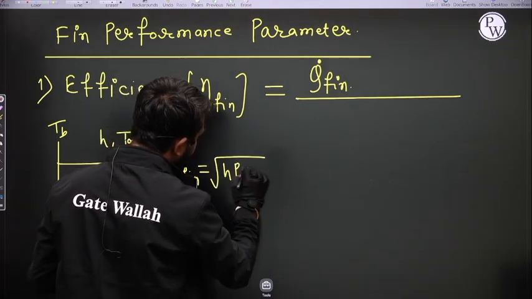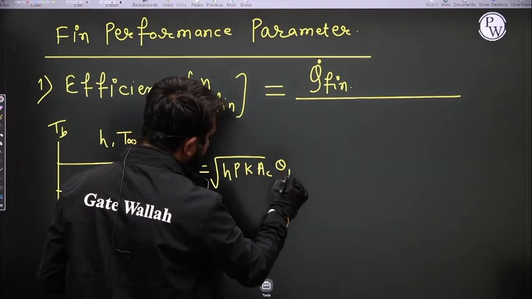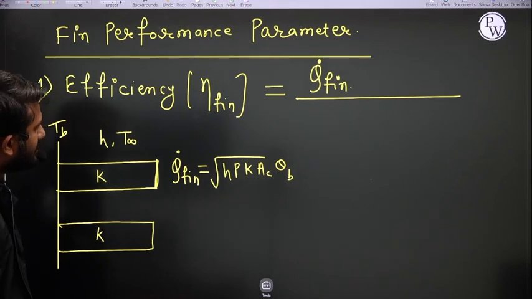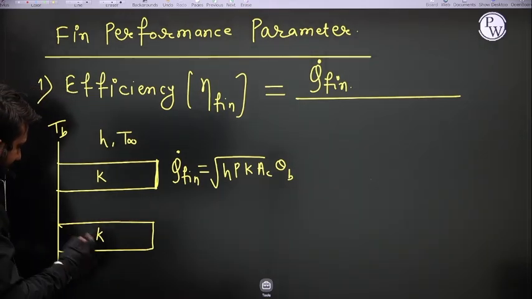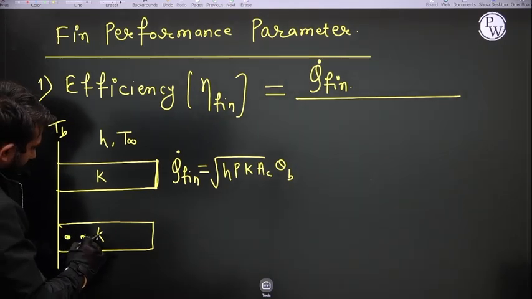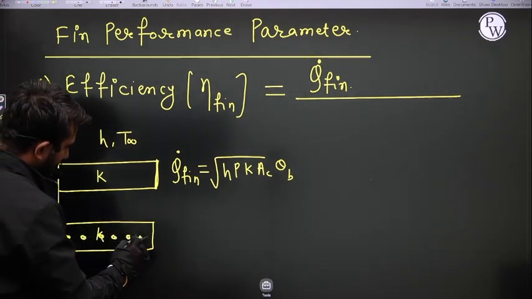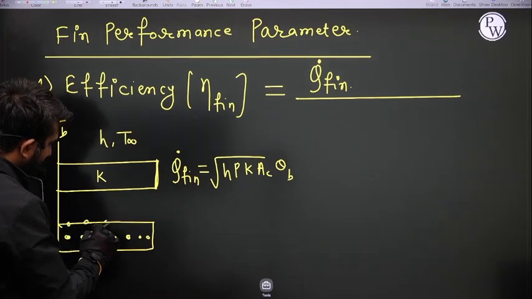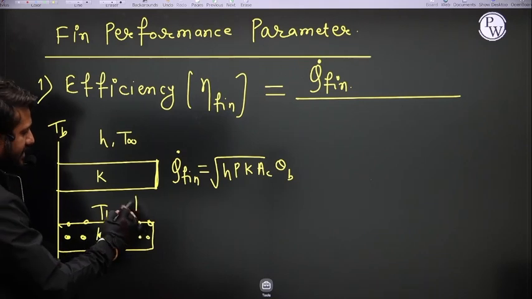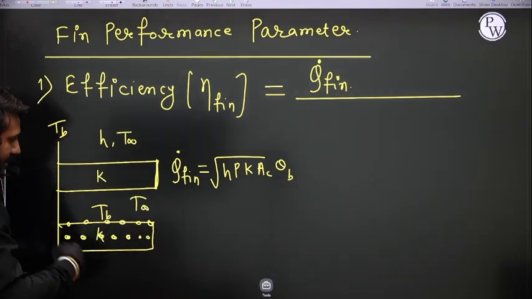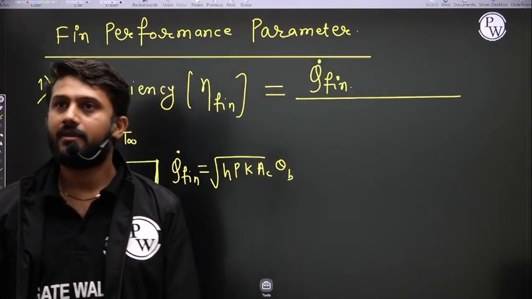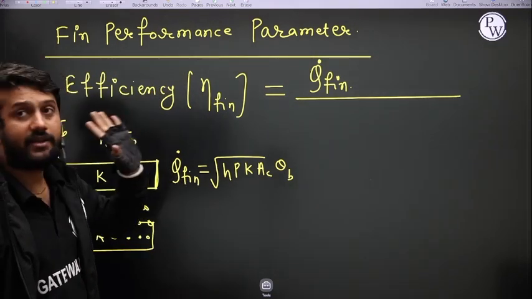So this is square root of hPkAC times theta B. But this is a hypothetical fin. Why? Because here, everywhere the temperature is equal to the base temperature only. Outside temperature is T infinity, but on the fin surface, everywhere the temperature is TB, which is a hypothetical thing, right?